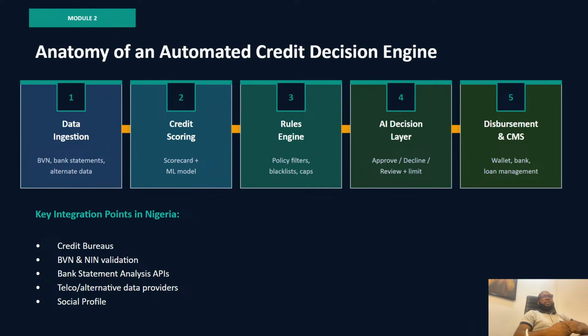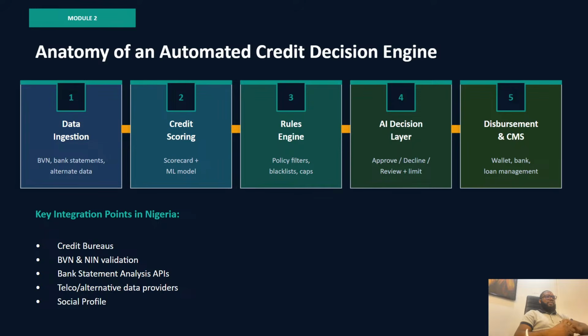The recency of the BVN registration is actually an important key in credit decisioning. So you might want to leverage on when the BVN was registered, where it was registered, what institution it was registered with, and also the same for the NIN. So you need to sync with these third parties to be able to come up with a robust system.